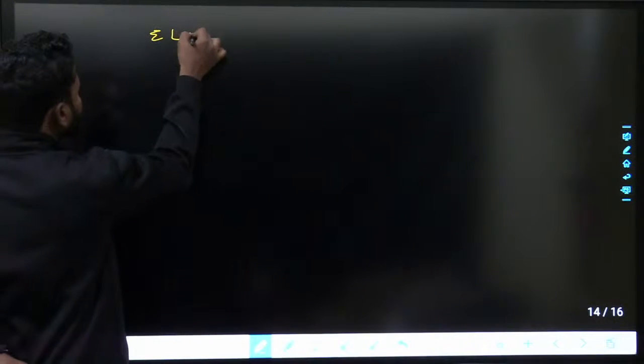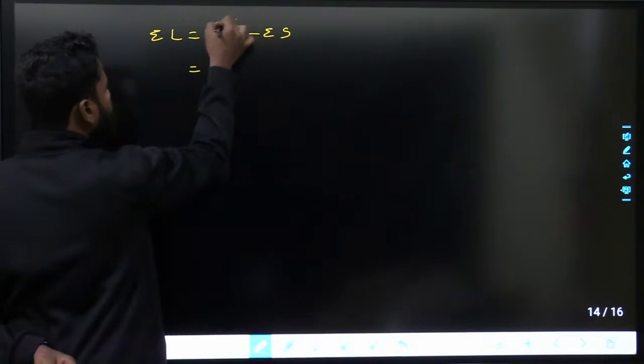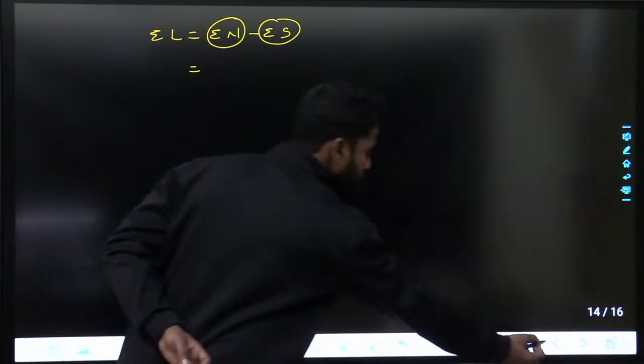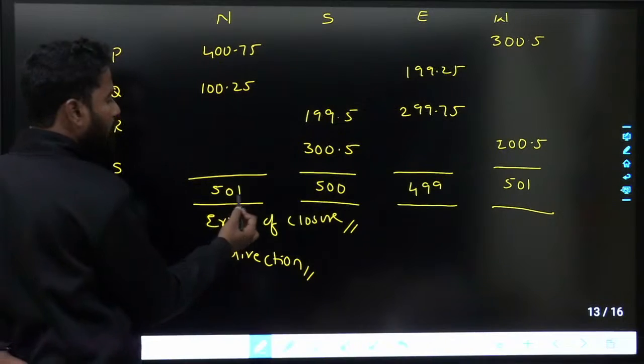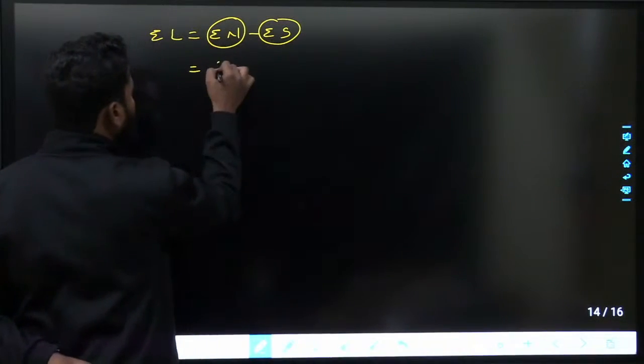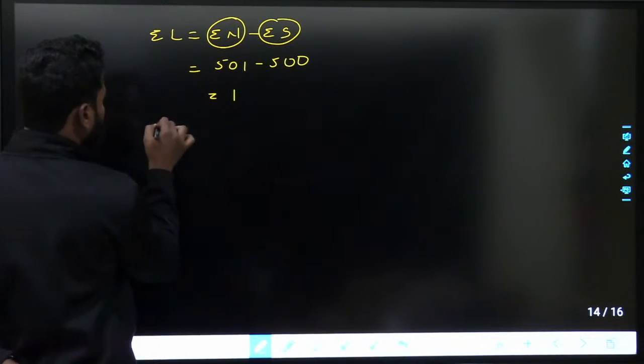Now, what is the summation of latitudes? Sum of northings minus sum of southings, because northings are positive and southings are negative. 501 minus 500 equals 1.